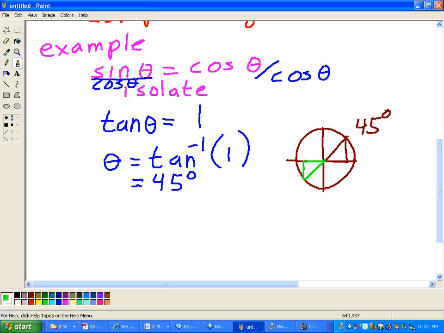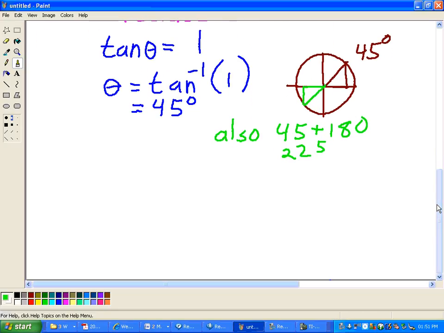The cosine's negative and negative. So the other answer is 225 degrees. For tangents, all you need to do is add 180 and you'll get the other answer.